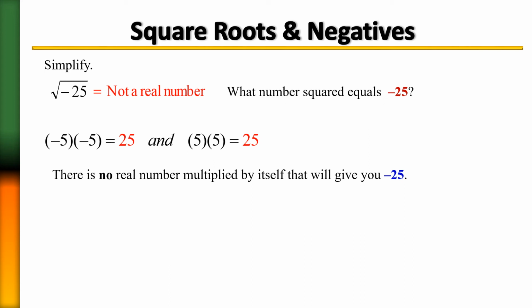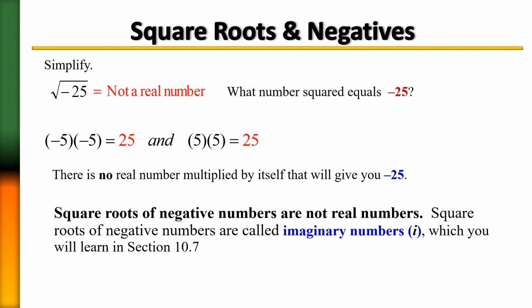So in this chapter 10, anytime you see that, you can simply state the answer is not a real number. Once we learn about imaginary numbers in section 10.7, from then on you will have to state what imaginary number it equals. You cannot get away with saying not a real number. But for now, up until section 10.7, if you find a negative under the radical symbol, it is simply not a real number.